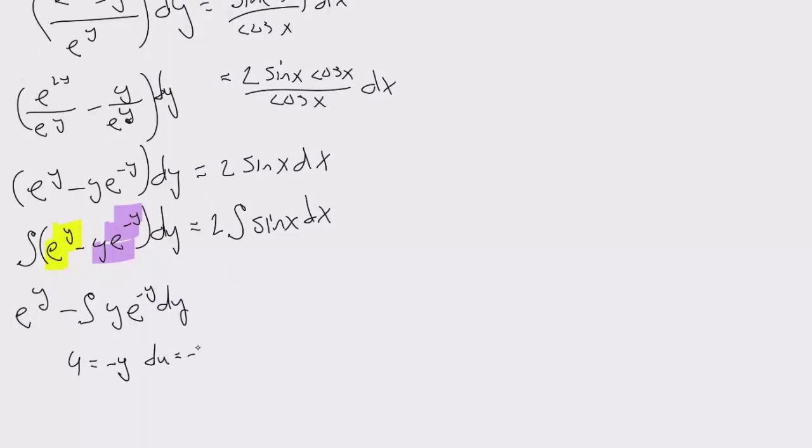That would be negative 1 dy. So I want to bring that negative in. So that's plus the integral of e to the u dy. I'm thinking too simplistically about this because this is not just a u sub. I think this is integration by parts.